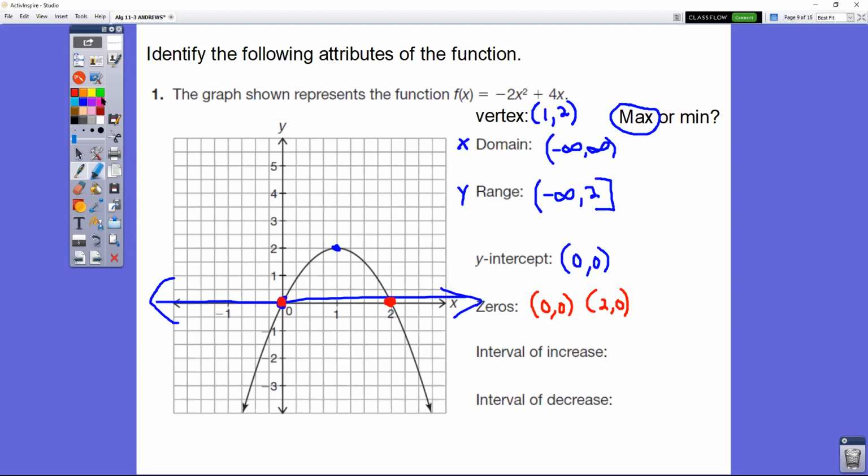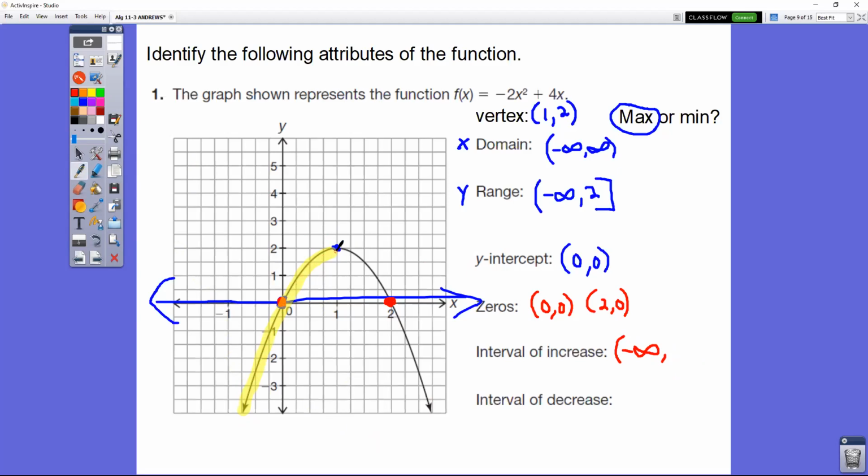The interval of increase and decrease. Our graph is increasing, increasing, increasing up to that point. So our interval of increase starts all the way down at negative infinity. Remember, we're not talking about a rocket in this particular question. It's not of the problem situation, it's of the whole graph. So it starts at negative infinity. If we were talking about the rocket, it would start at 0.